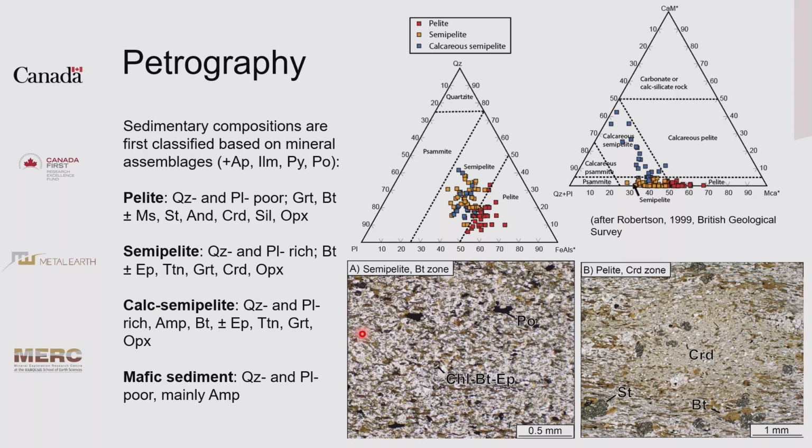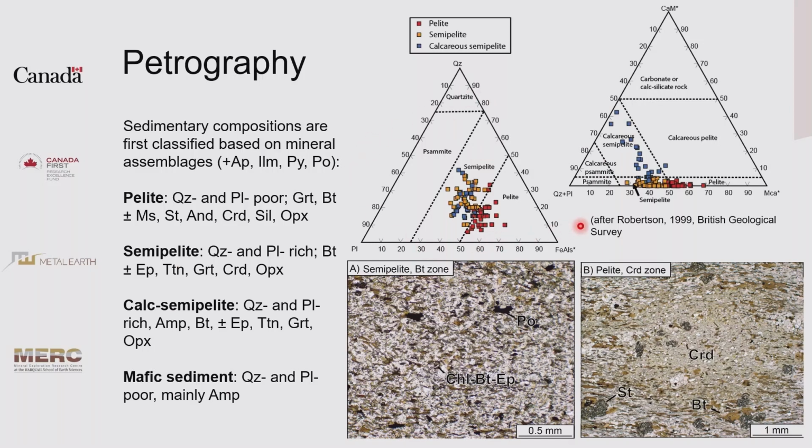The semi-pelite is more quartz-rich and rarely contains any of those minerals. And then the calc semi-pelite is similar to the semi-pelite, but now we have amphibole and epidote and calcite a lot of the times. This is how I've classified them, just based optically as a first pass as to how to differentiate these different units.